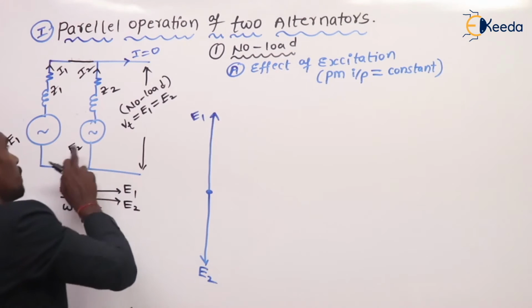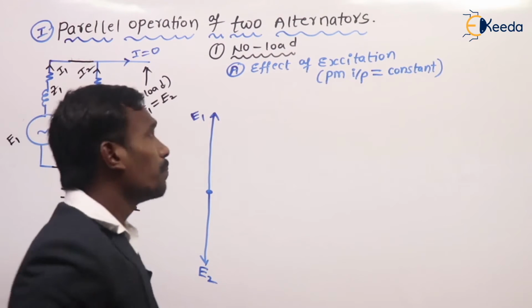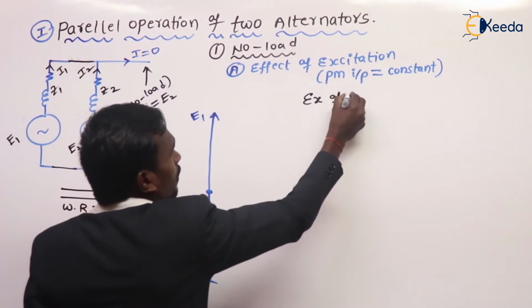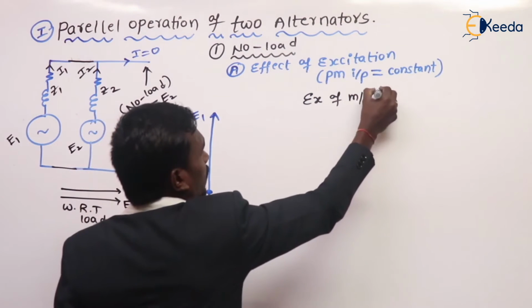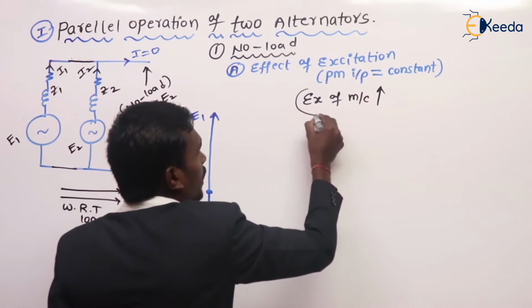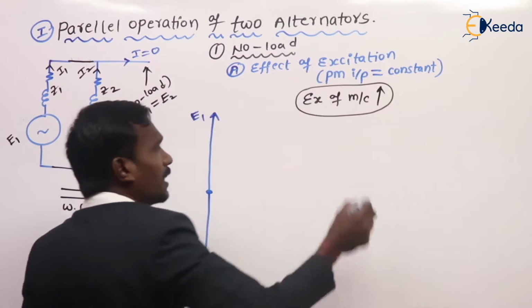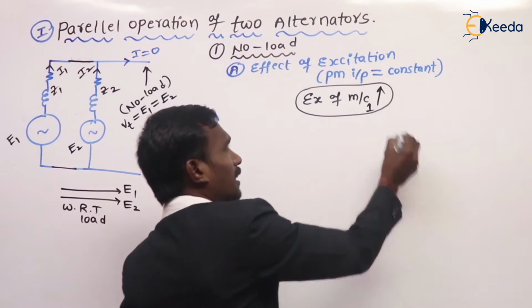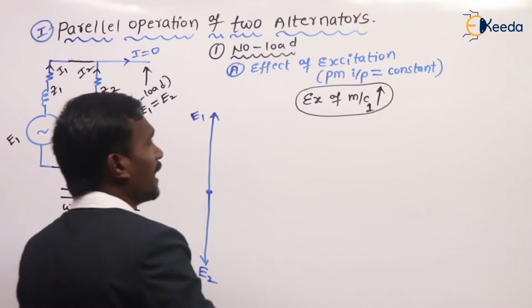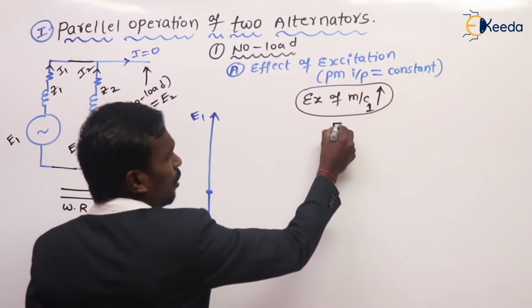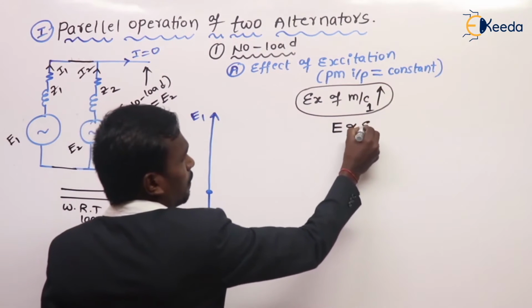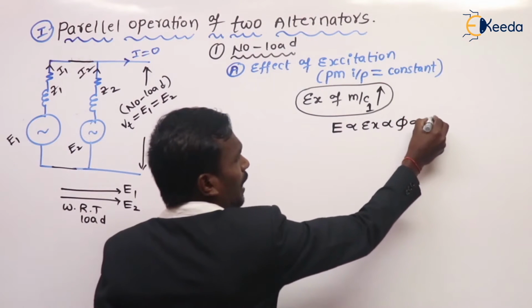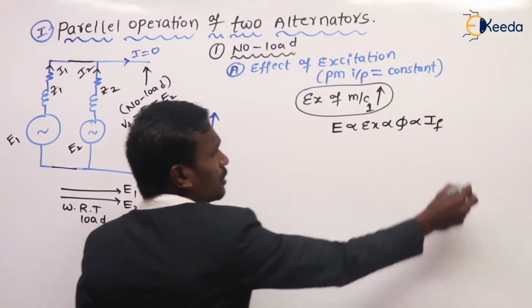I'm not changing my prime mover input for both the machines, but I increase the excitation of machine 1 suddenly. When excitation changes, we know the EMF is directly proportional to excitation, nothing but directly proportional to flux, nothing but directly proportional to field current.